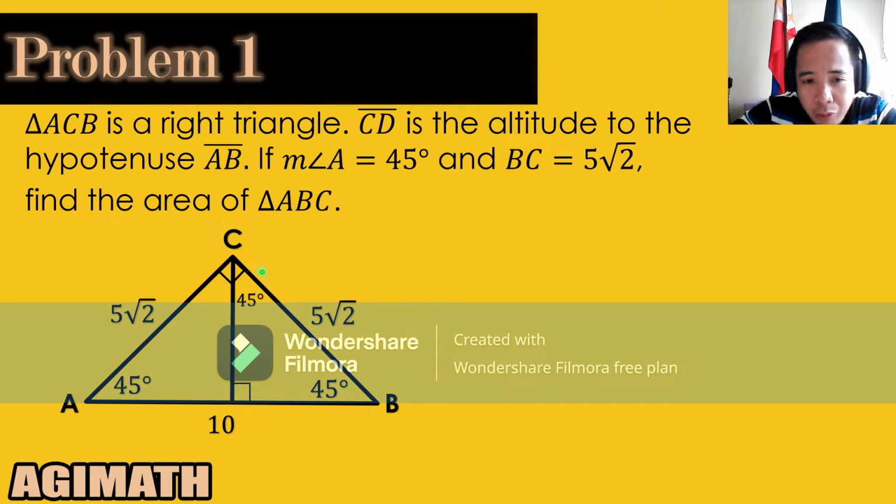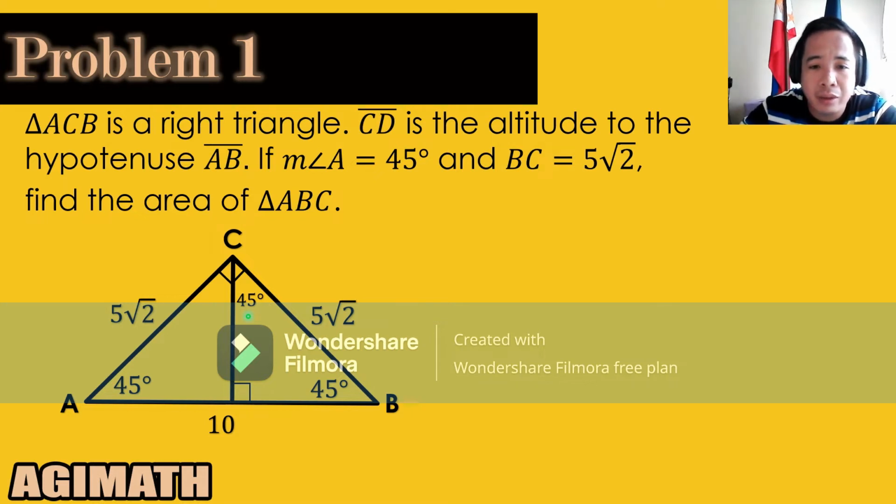So if we consider this triangle on our right side, if angle B measures 45 degrees, it will also follow that angle BCD is equal to 45 degrees. So again, we have a 45, 45, 90 triangle.